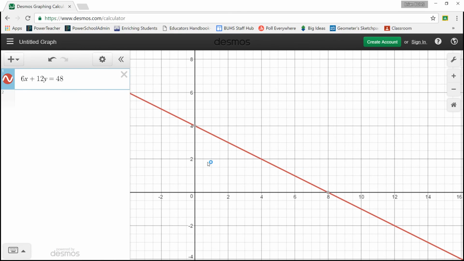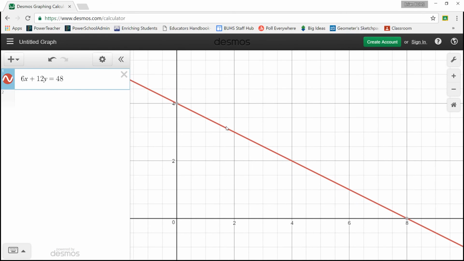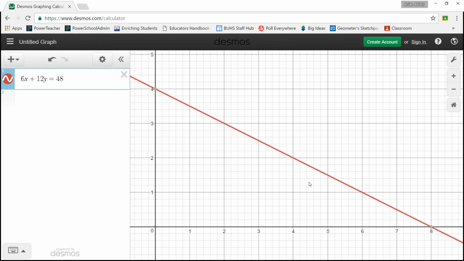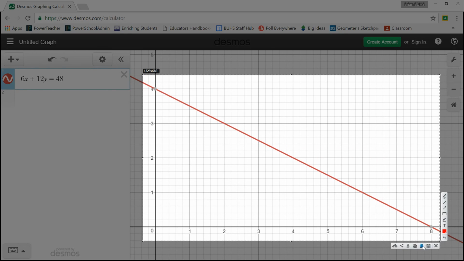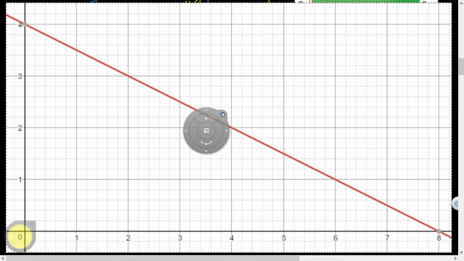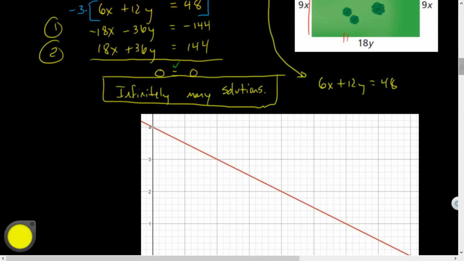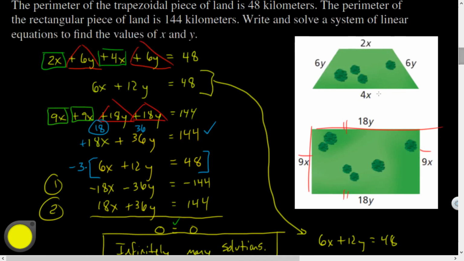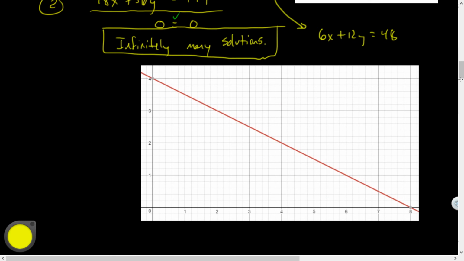I doubt we would consider negative solutions as a possibility. But there are infinitely many solutions nonetheless, and the solutions are all of these points on this red line, okay? So if I wanted to find the possible combinations of x and y that would result in both of those perimeters for both of those shapes with these given proportions, I could pick solutions like this one.